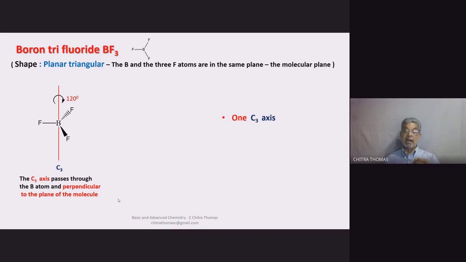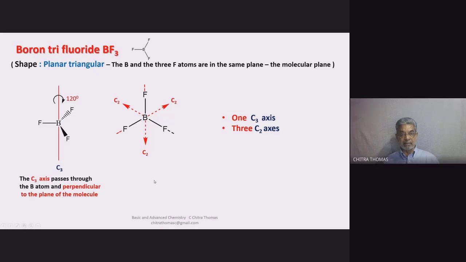Then I try the other. See, I hold the molecule like this and rotate about this axis. I get this. So this is a proper rotation axis, C2. This is the second C2, this is the third C2. They can be represented like this. There are three C2 axes. Now we describe the C2 axes.